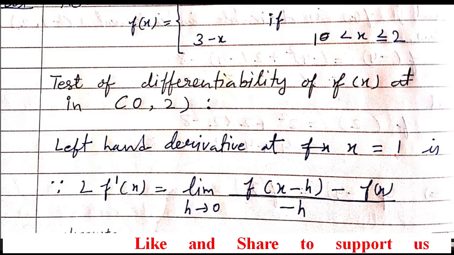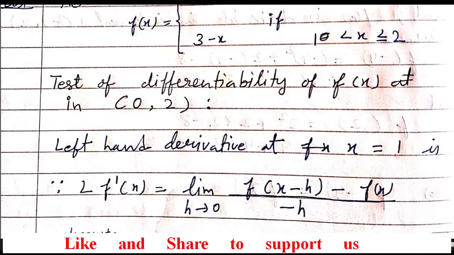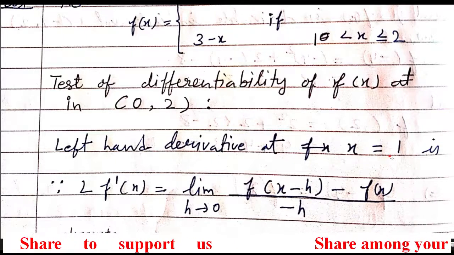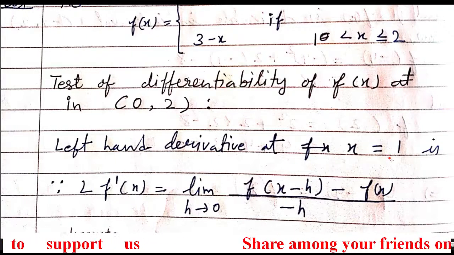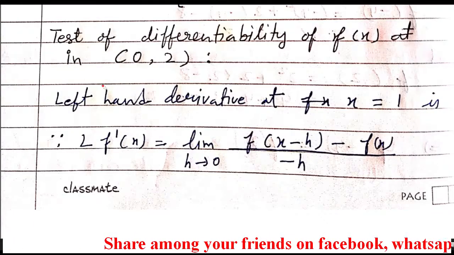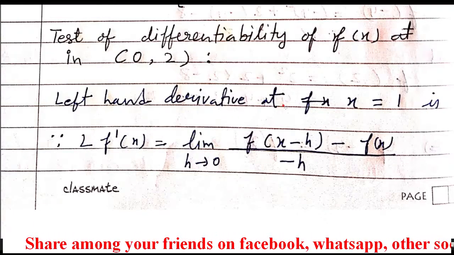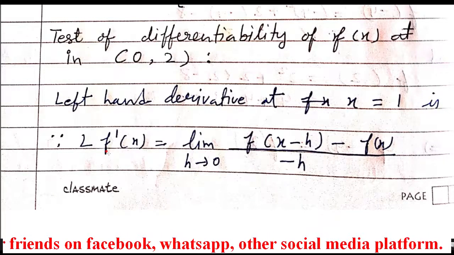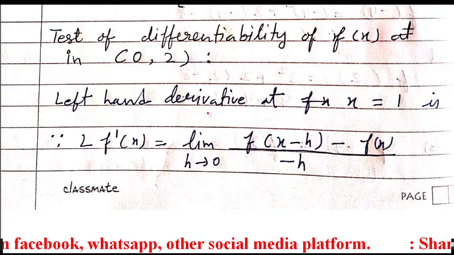To check it, we are going to find the left hand derivative as well as the right hand derivative, which you might have already studied in chapter 6, continuity and limits. So first we find the left hand derivative at x equal to 1. This is the formula of the left derivative, and this is the symbol, a short form of left hand derivative.